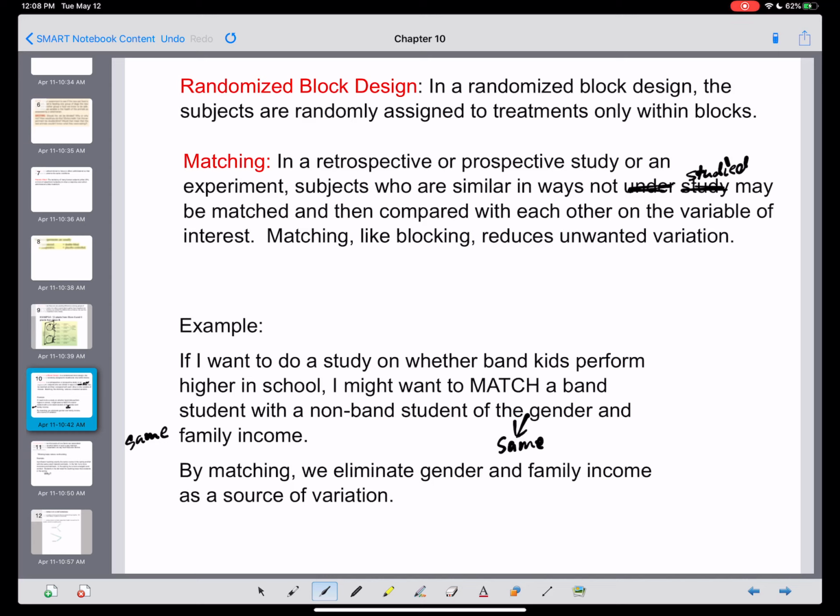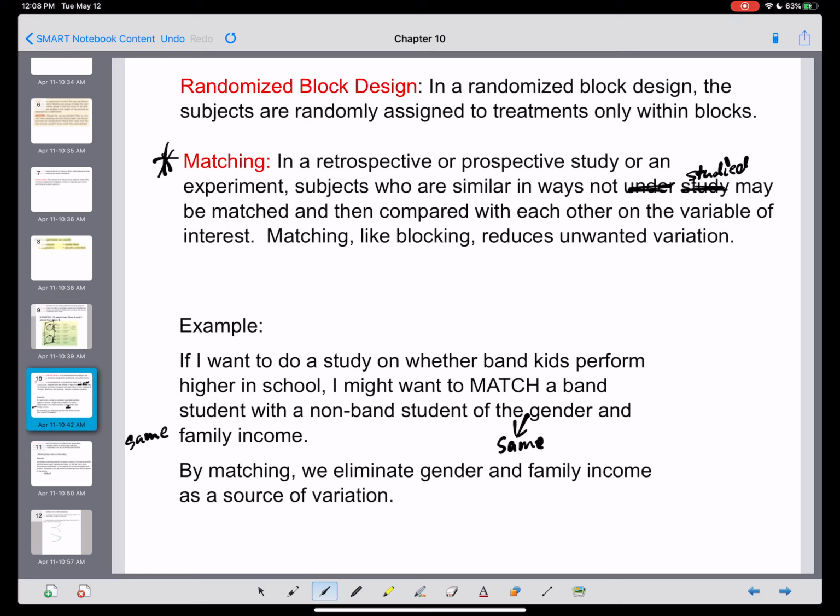Okay, so matching. Matching is actually really cool. It's the idea of pairing something up and then comparing the two. If I want to do a study on whether band kids perform higher in school, I might want to match a band student with a non-band student. The property I'm studying is band.